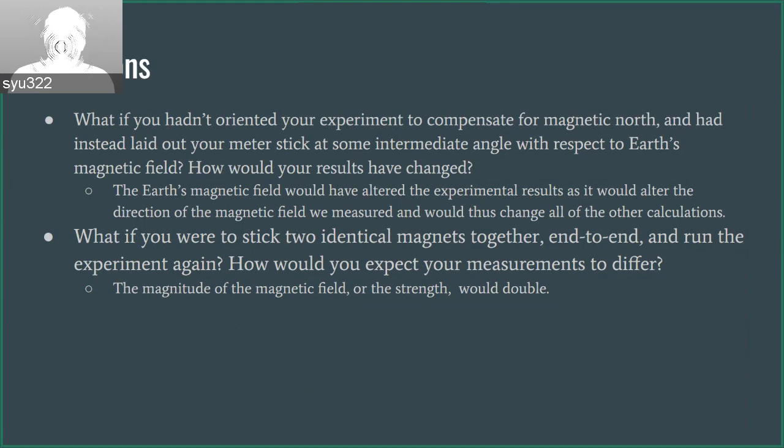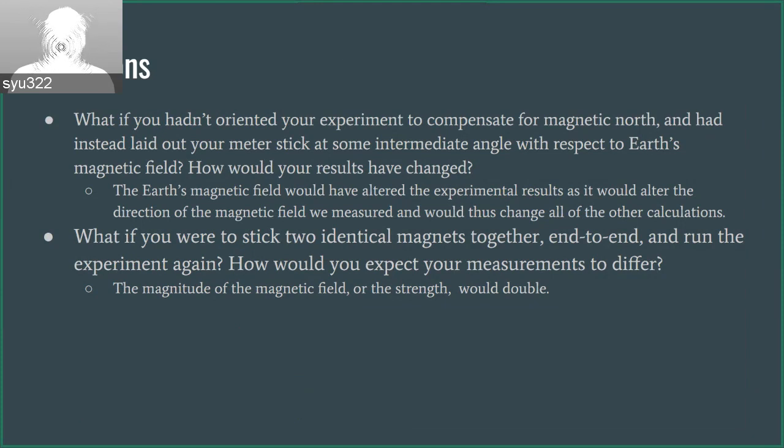That was so that we purposely took out the effect of the Earth's magnetic field. We made sure that it was orthogonal to the Earth's magnetic field. If we hadn't, then it would have skewed all of our results, and therefore all of our other calculations.